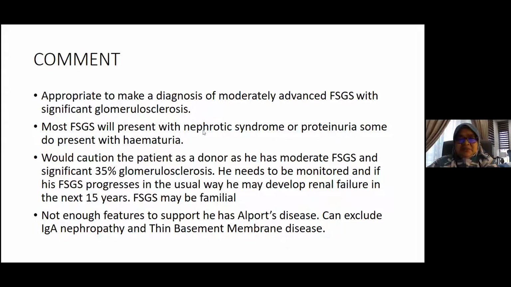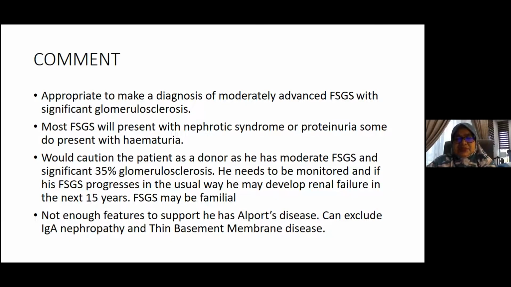Remember, this is a pre-transplant workup, otherwise asymptomatic, with only microhematuria noted during the workup. So this is quite significant for this man. Most FSGS do present with nephrotic syndrome or at least proteinuria, but some do present with hematuria.